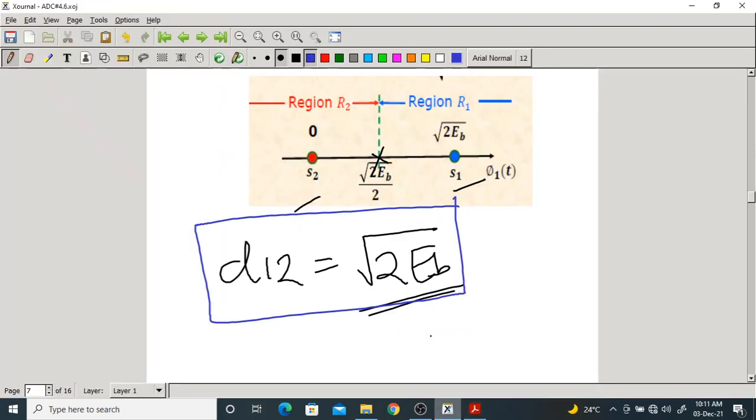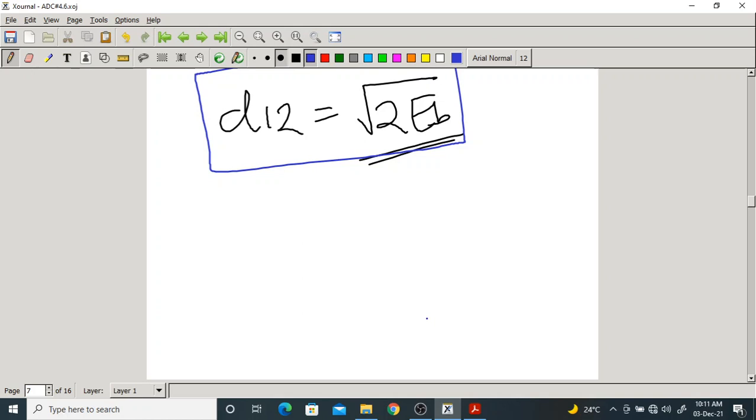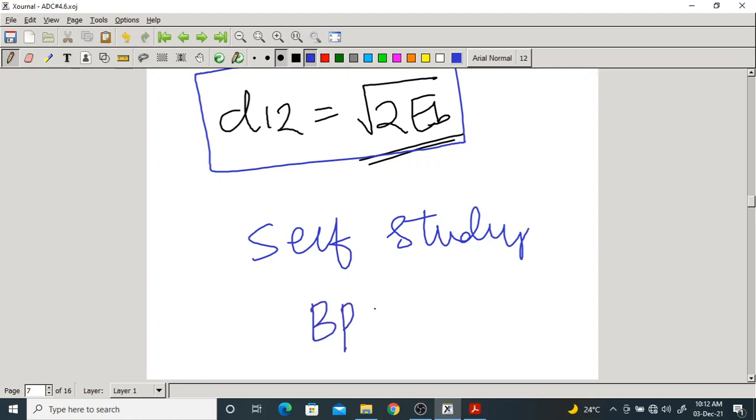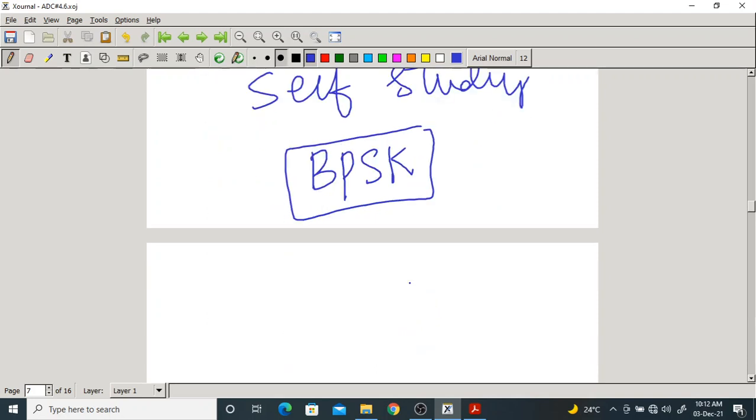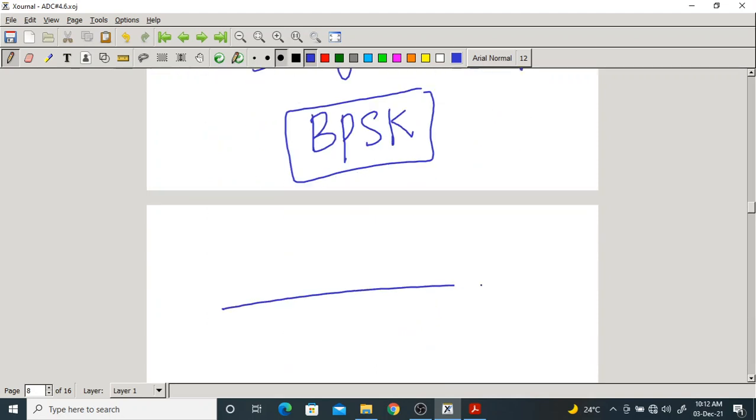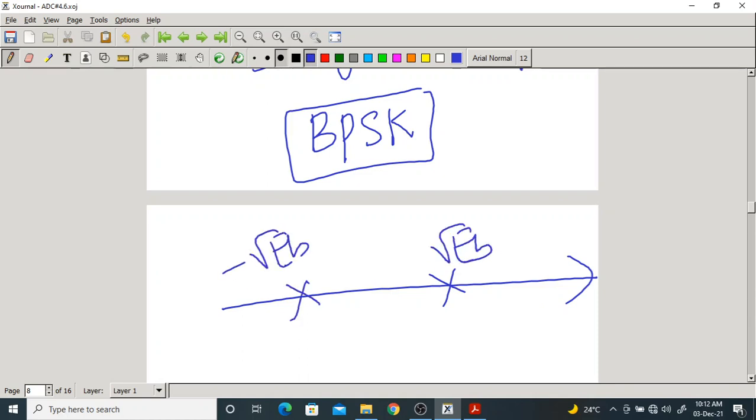So here, the probability of error calculation I leave as self-study, because I have done it for BPSK and BFSK. You do it for BASK. It is just like BPSK. Why? Because if you observe the constellation of BPSK, it is exactly the same. The only difference is here root Eb and minus root Eb.